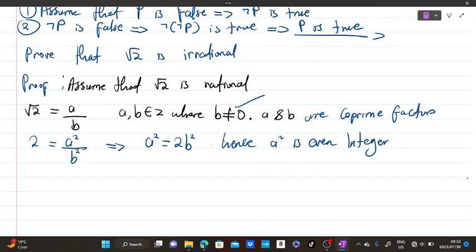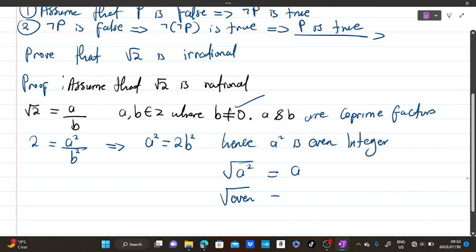Okay, so now if a squared is an even integer, we need to find out what about a. Is it even or odd? Remember that the square root of a squared is equal to a, right? So the square root of any even number will still give you an even number.